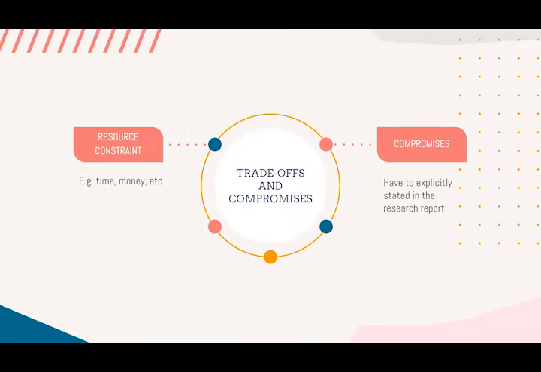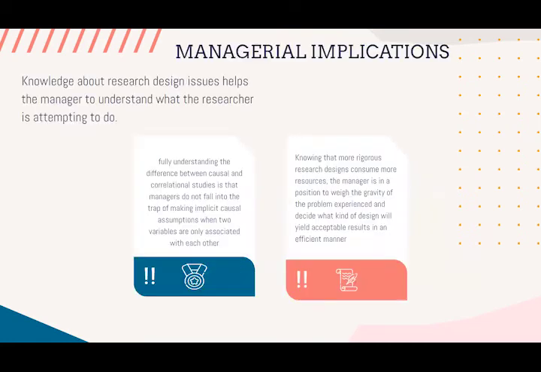Knowledge about research designs helps the manager to understand what the researcher is attempting to do. Fully understanding the differences between causal and correlational studies is important so that managers do not fall into the trap of making implicit causal assumptions when two variables are only associated with each other.